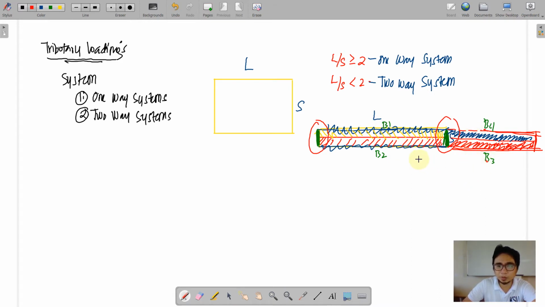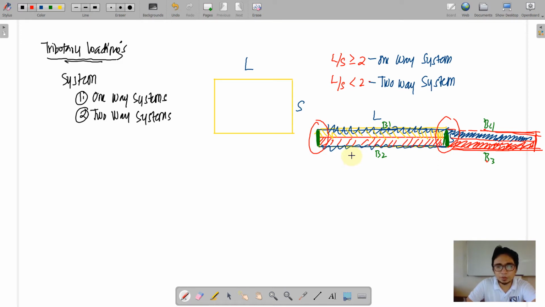So the distribution is just simply splitting the slab along the short direction and then distributing it on the long direction. So that is the principle of the one-way system.